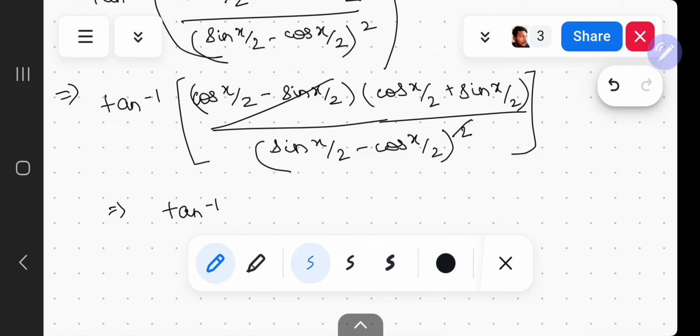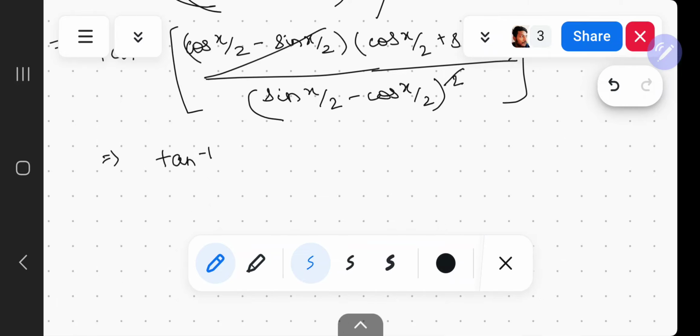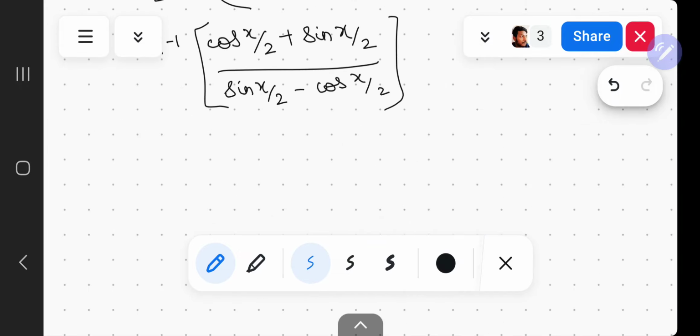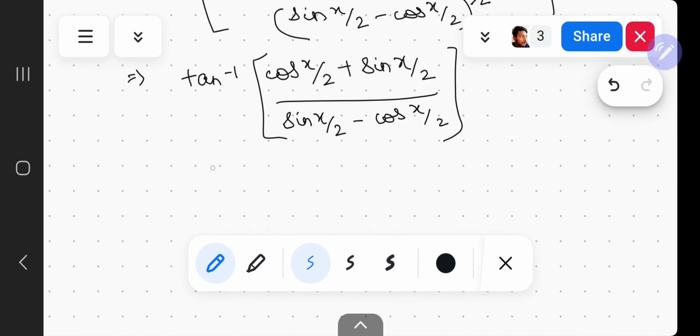The minus part, sin x by 2 minus cos x by 2, one of them is being cancelled out. So this will be cos x by 2 plus sin x by 2 over sin x by 2 minus cos x by 2. So this is what we got.